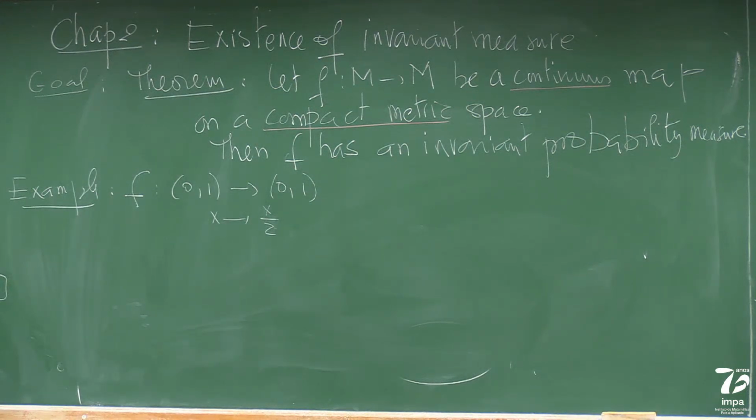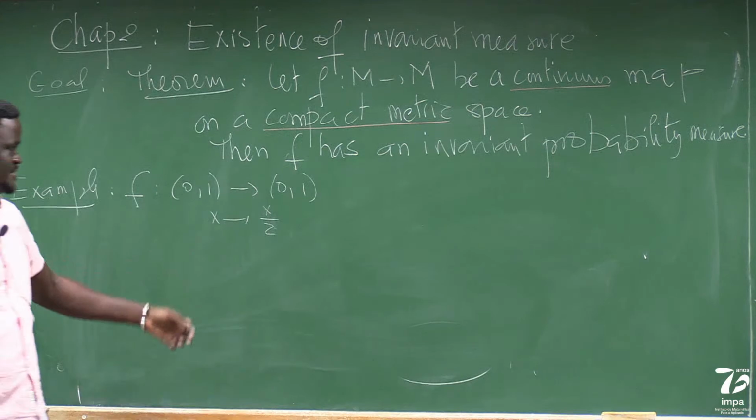Because exponential decay, maybe. The existence of invariant measures happens when you have a compact space. Yes, but I don't want to use this theorem; I'm just saying why this doesn't have an invariant measure.